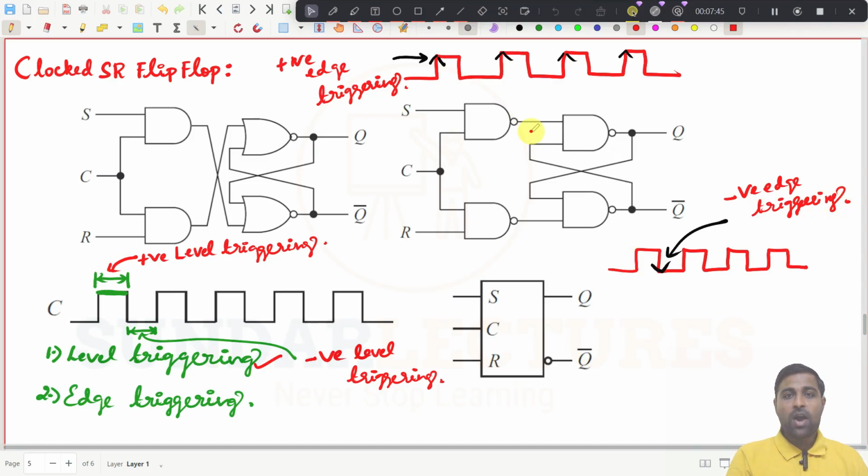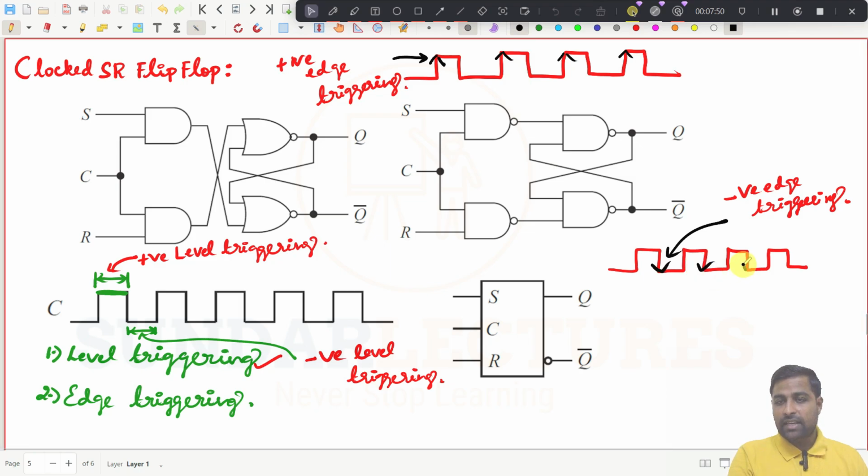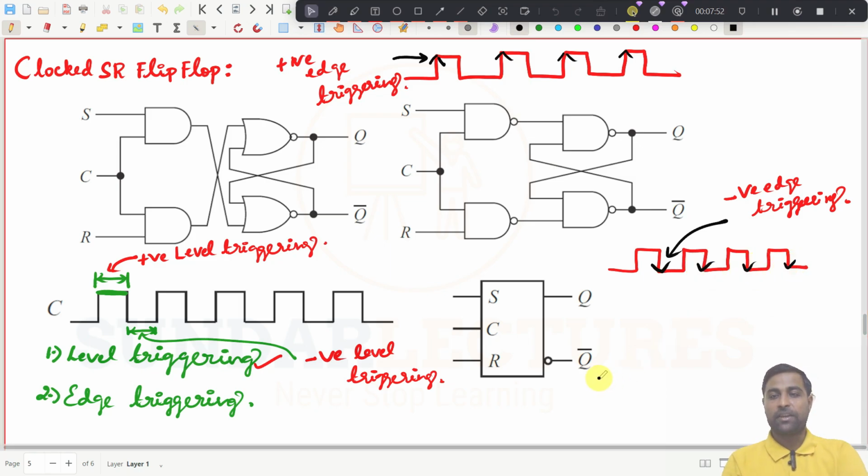Can you understand this one now? And it will see only at these instances. At these instants it will see what S is and what R is, and depending on that it will change the output. And it is going to wait until this instant; until then, it won't change the output. It will remain as it was. And it will see at this instant, and if there is any change in S and R, then it will change the output.